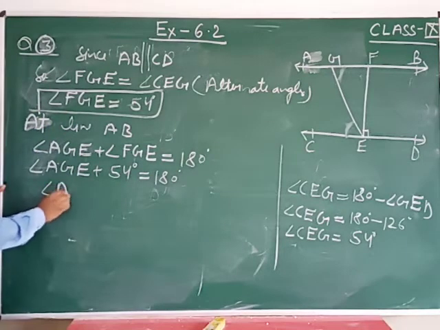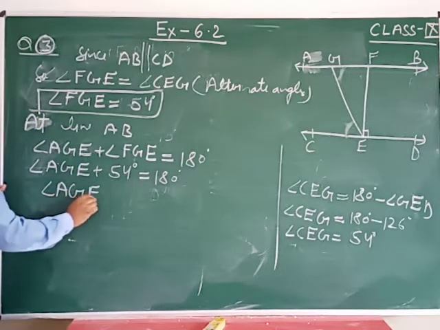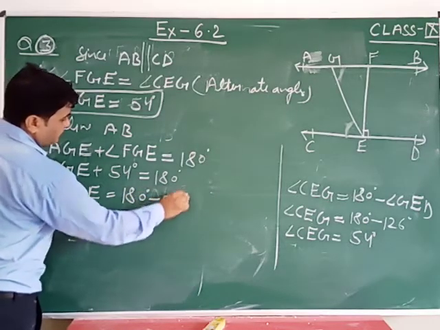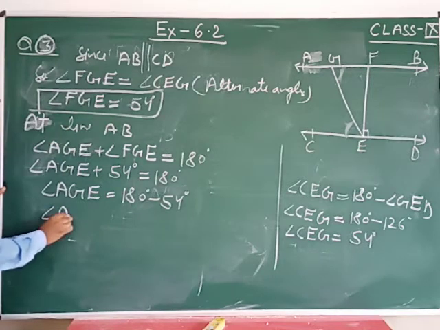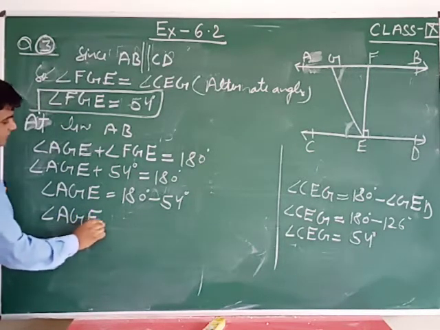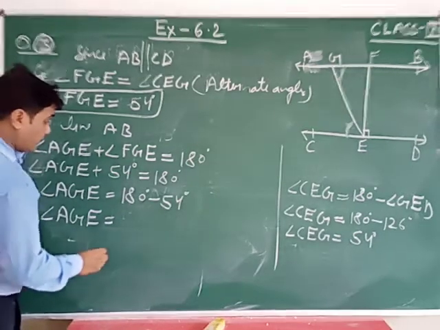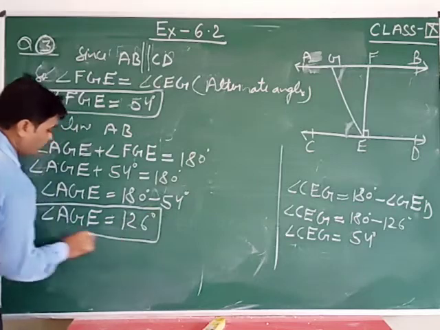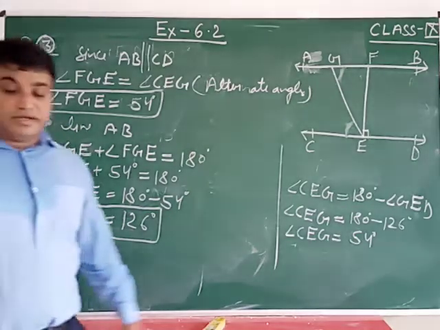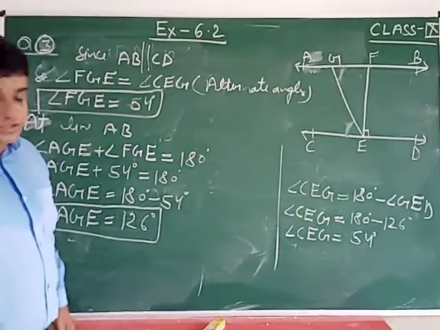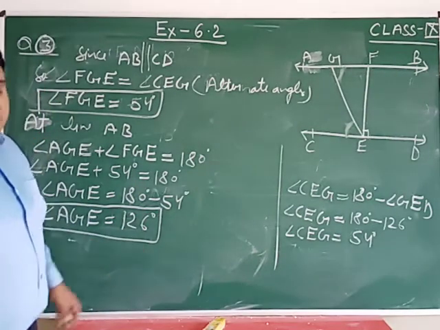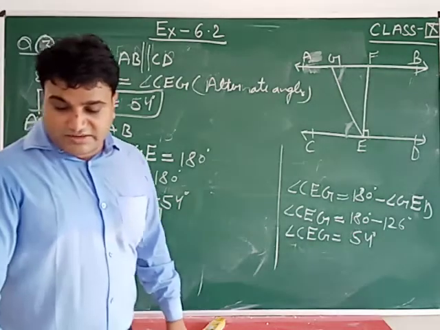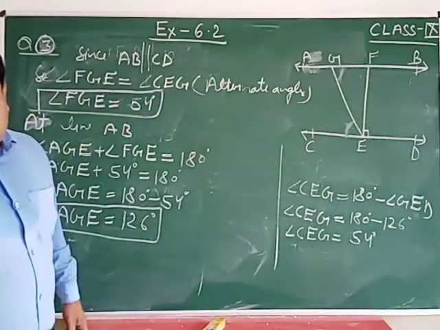So angle AGE equals 180 minus 54, which is 126 degrees. Now we have found all the angles mentioned in the question: AGE is 126, GEF we found earlier, and FGE.